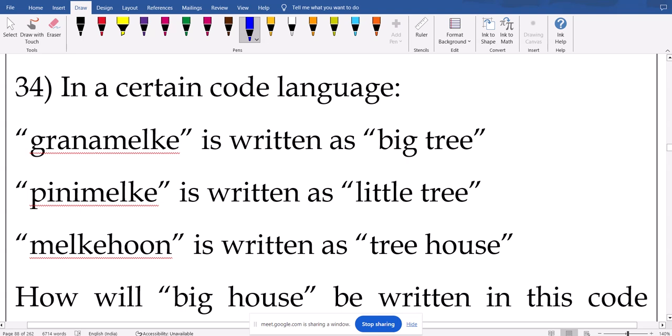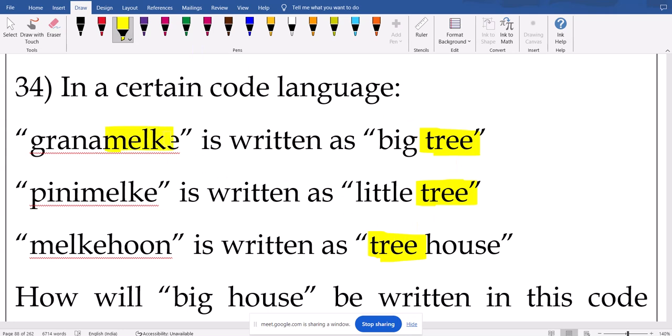Okay, next one, and this is what we call mixed coding. We have four different types of concepts in coding and decoding: number related, letter to letter, and substitution code. All four are asked together, and this is called mixed coding. Now, if you observe every group here, there is a common word, tree.